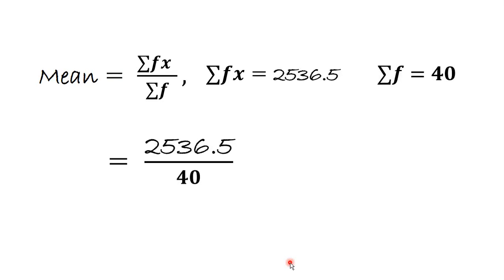So when we divide the two, using your calculator, that is 2536.5 divided by 40, and that is 63.4. That is to one decimal place.